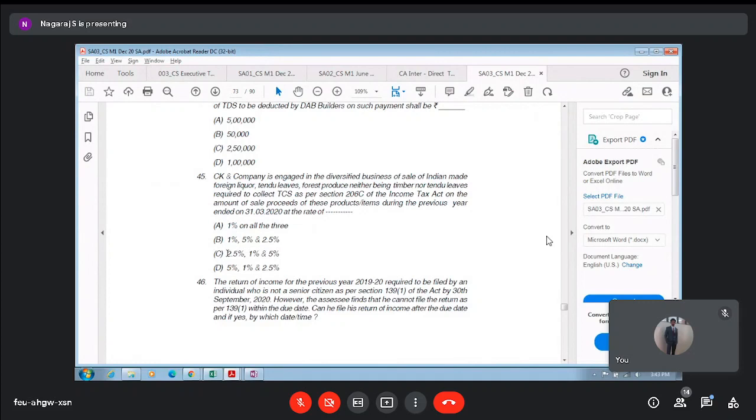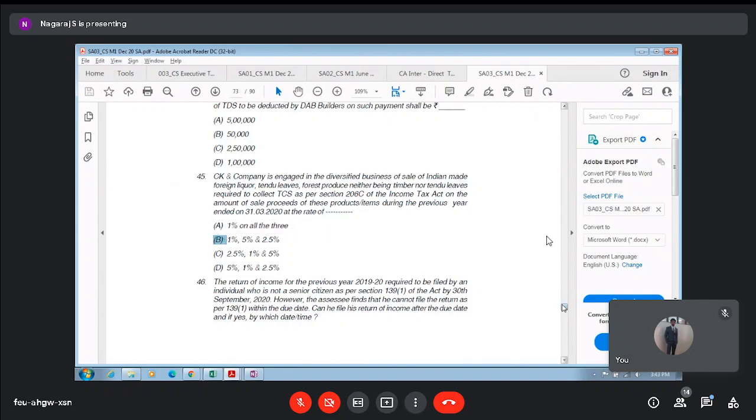That means this C and D automatically you should exclude. Why? Though the percentages are same, first they are asking foreign liquor, it is 1%. In the first A, 1% and all three automatically get eliminated. C and D automatically gets eliminated. Then the answer is B.